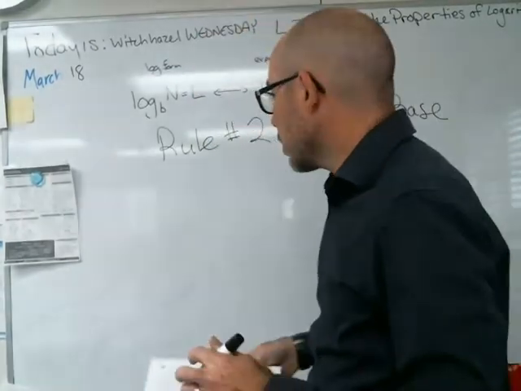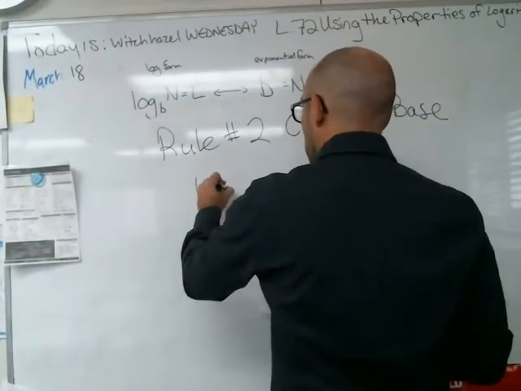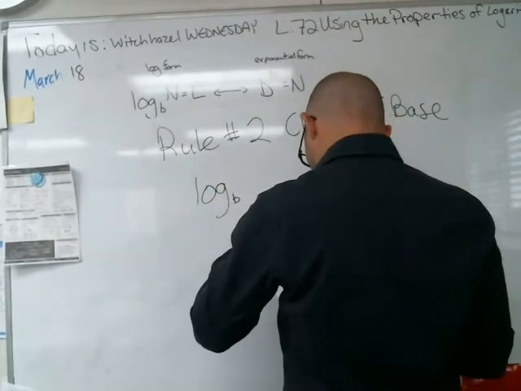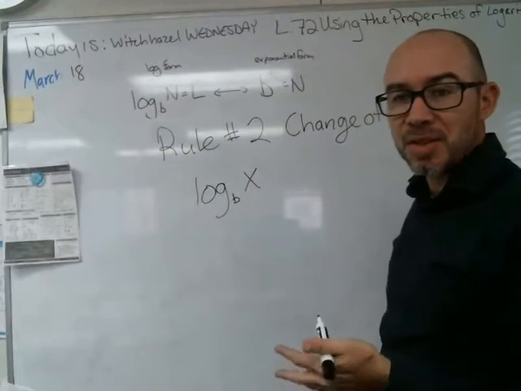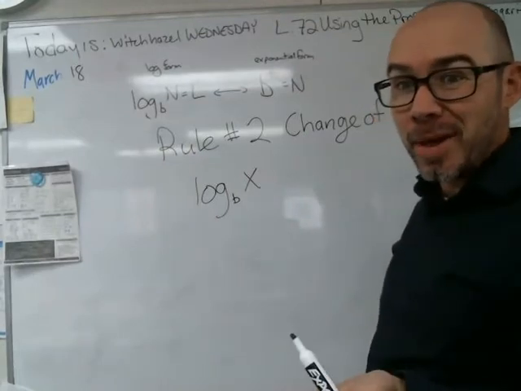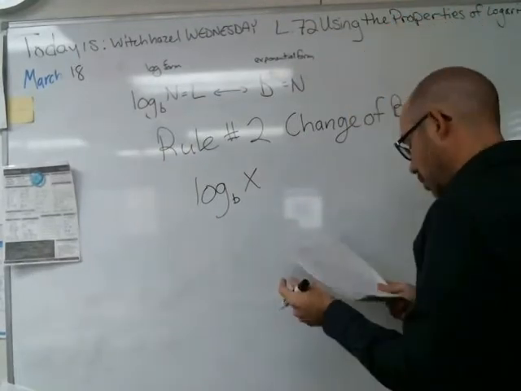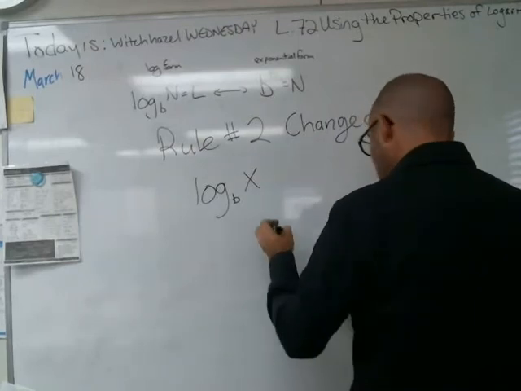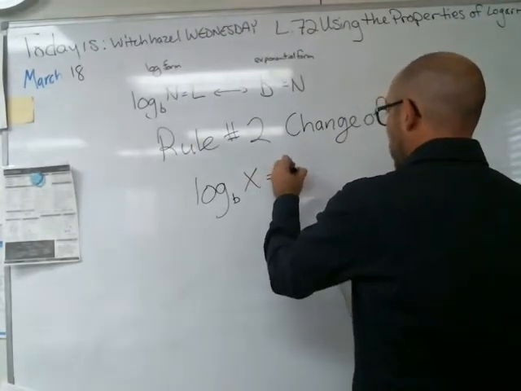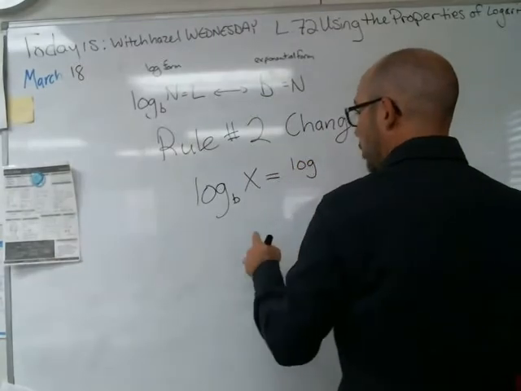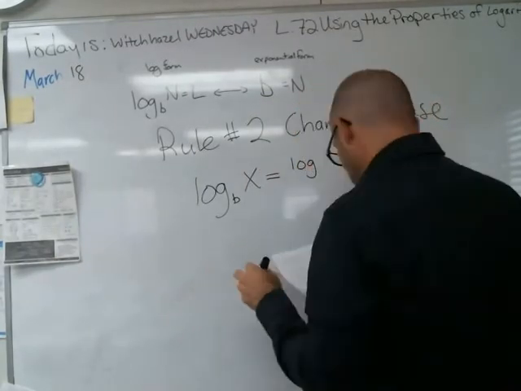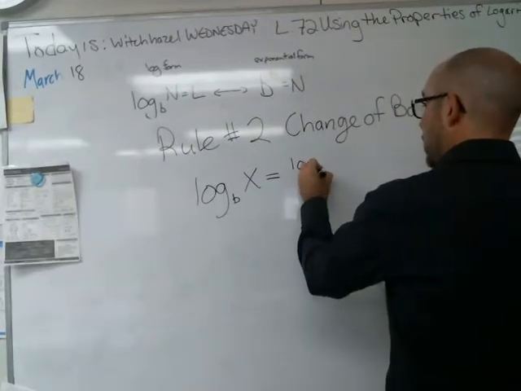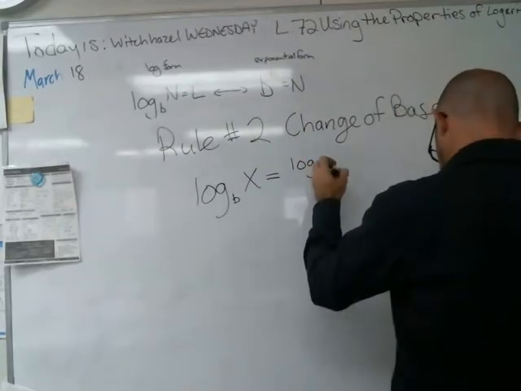And we're going to imagine that we've got something that's in a base that we're not so happy with, a base 5 or a base 7 or even a fractional base or a decimal base or something like that. Here's the rule. We're allowed to change our base to whatever we want to. Base 10, base e, so we can use those buttons. We're going to change that base to some other number.